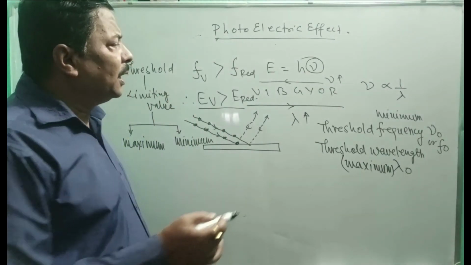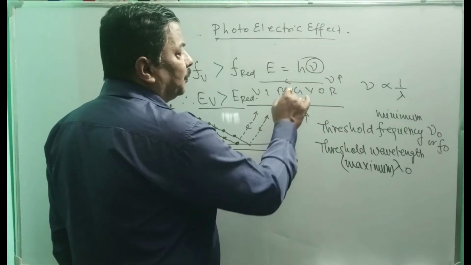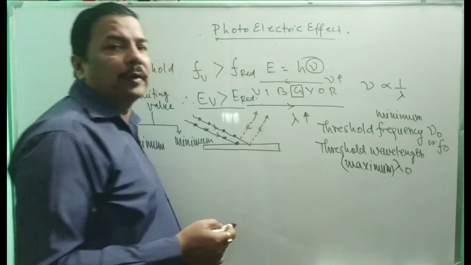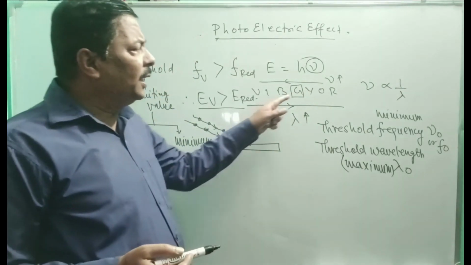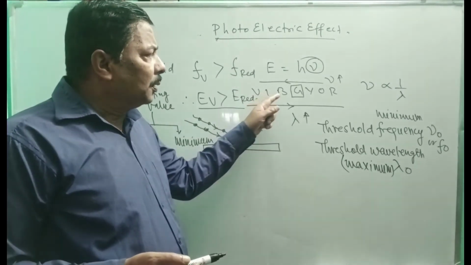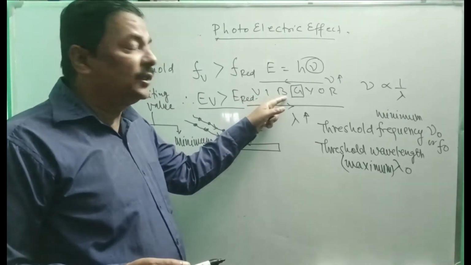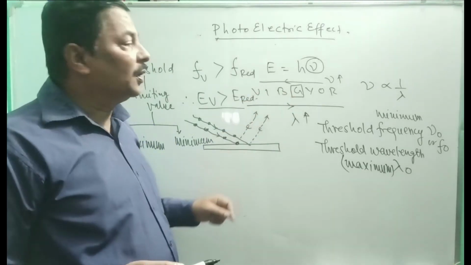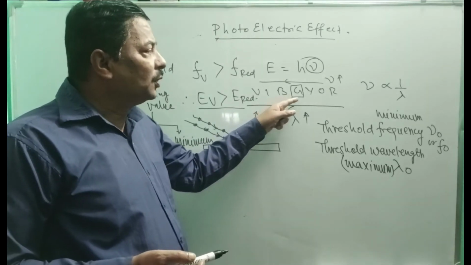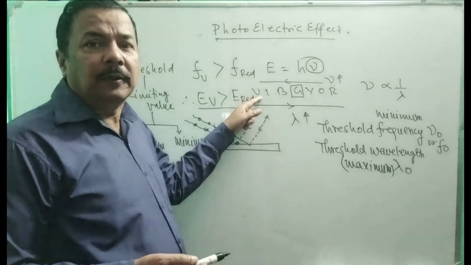What does it mean? Suppose for a certain metal, green is the threshold frequency. Then blue, indigo and violet have frequency more than green. So the photoelectric effect is possible with green, blue, indigo and violet.